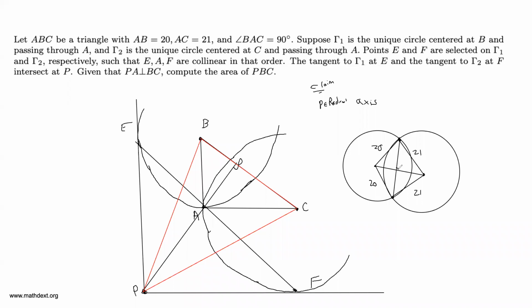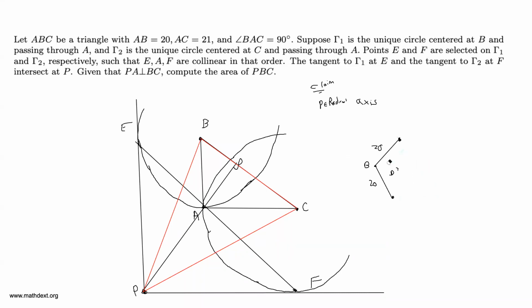So BC is perpendicular to this radical axis over here. Notice that this is A and this is D, the point of perpendicularity. If you extend this line segment DA further, since PA is perpendicular to BC, P is on this line. So P is on the radical axis. And what does that mean?